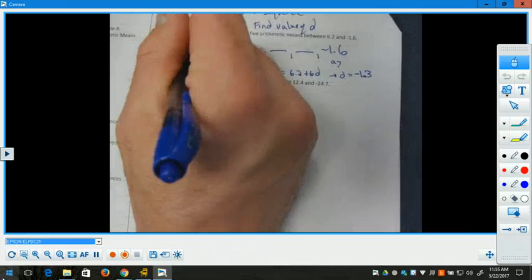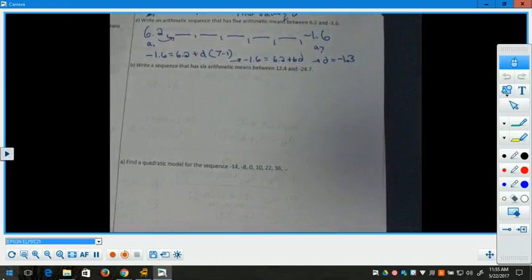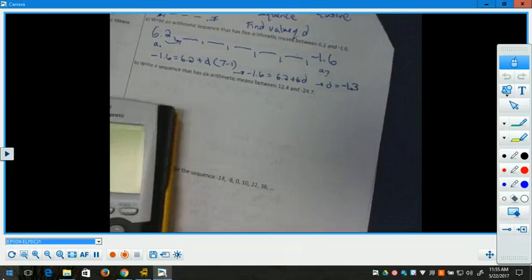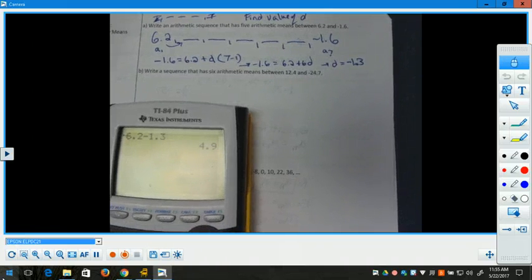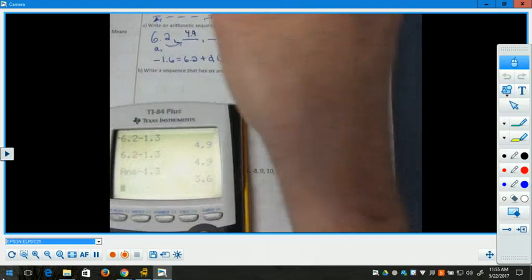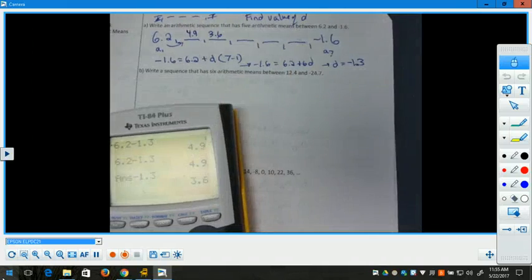So now I can add negative 1.3, or rather subtract 1.3 from 6.2. And this pattern should work all the way across. So 6.2 minus 1.3, and I do it again, minus 1.3. So I have 4.9, 3.6. Now I can just hit enter.